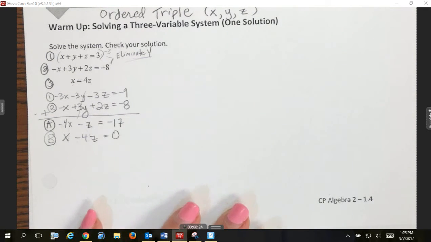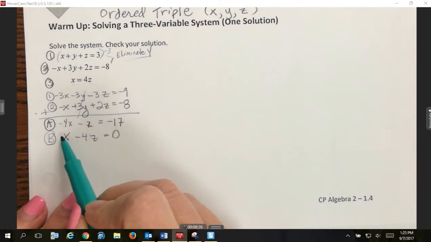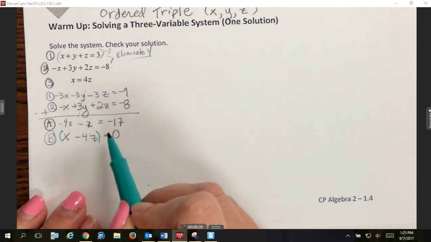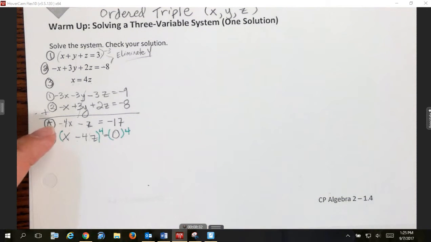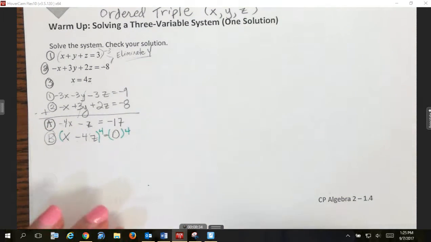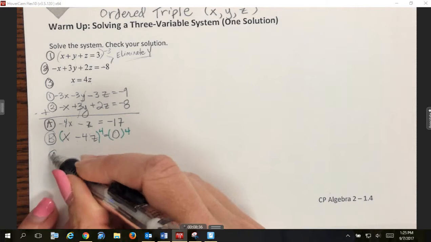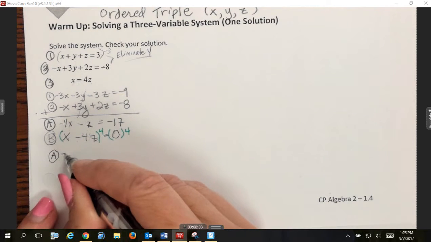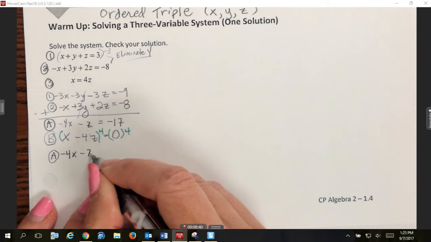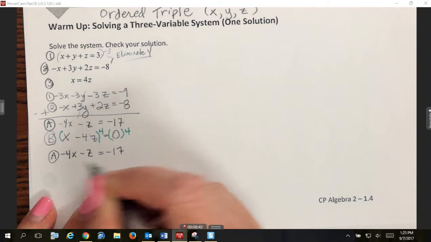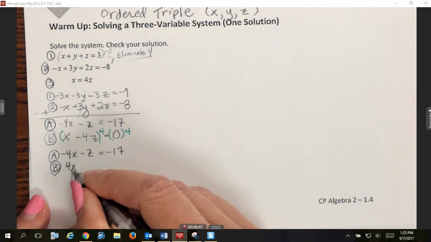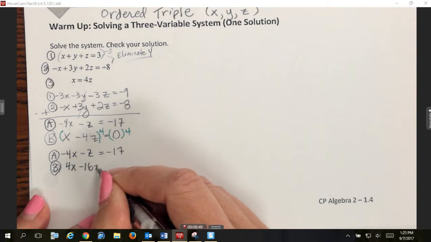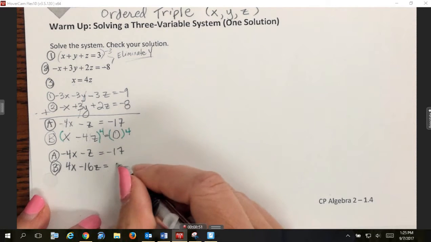I'm looking here and I'm saying, you know what? If I multiply B by a 4, then my x's will easily cancel out. So now my new equation for A is the same equation, negative 4x minus z equals negative 17. And my new equation for B is 4x minus 16z equals 0 times 4 is 0.